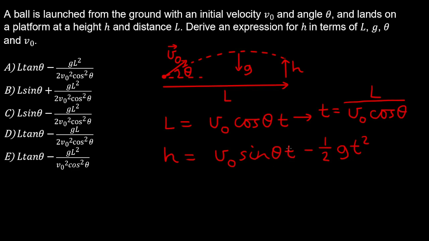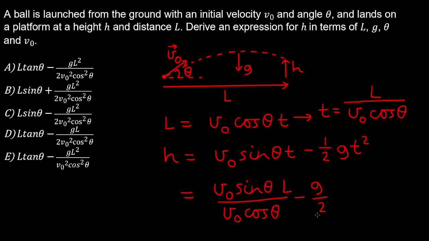and then if we substitute for t into this equation, we get h is v0 sine theta by L on v0 cosine theta minus g on 2 by t squared, which is L squared on v0 squared by cosine squared theta.